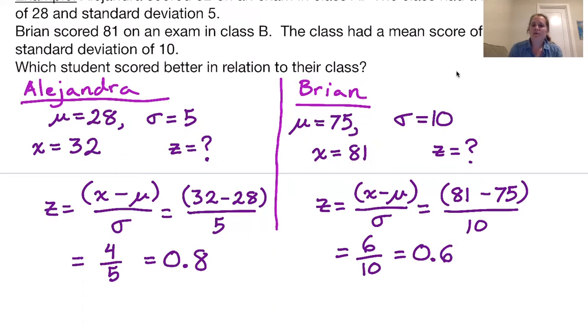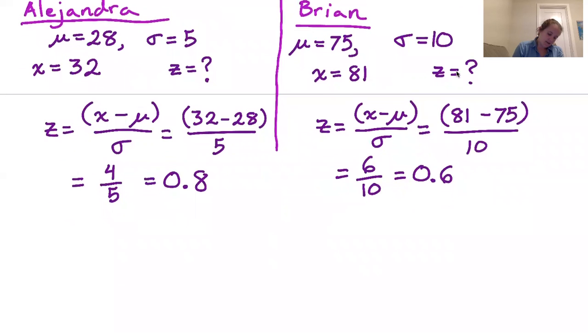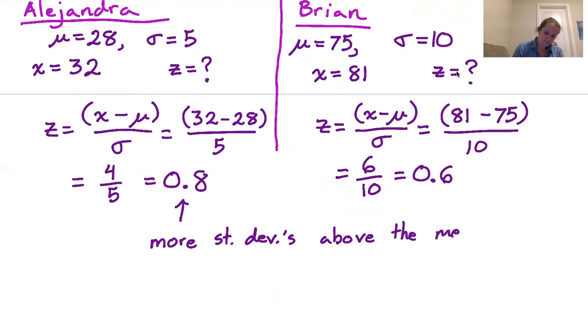So Alejandra scored 0.8 standard deviations above the mean versus Brian only scored 0.6 standard deviations above the mean. So this is more standard deviations above the mean. And so that means that Alejandra scored better relative to her class.